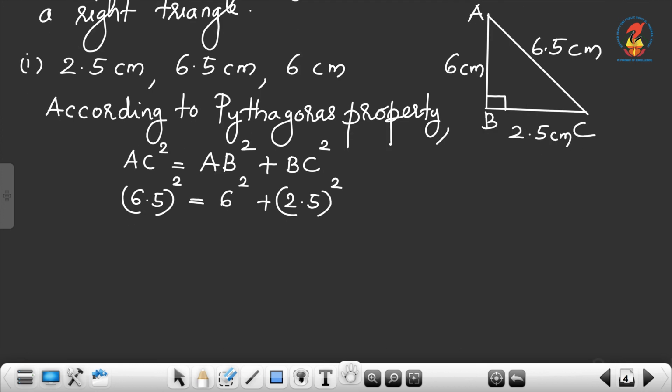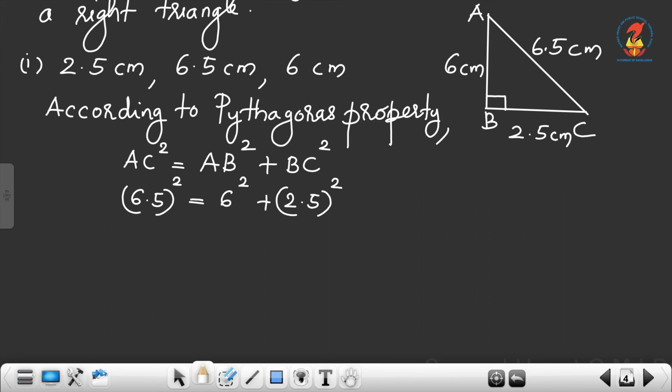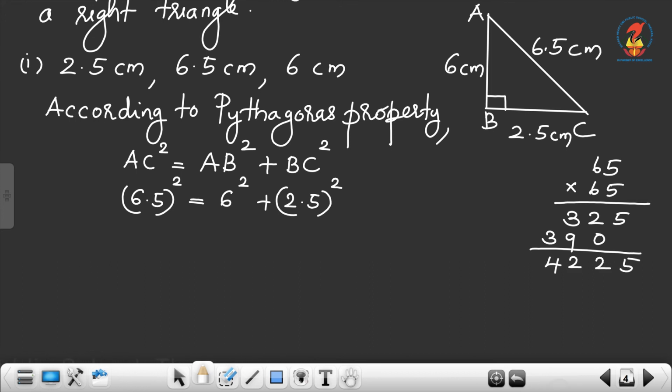Now we have to verify. Now what is 6.5 square? We can find out 65 into 65, which is 4225. We have two decimal places, so the answer will be 42.25.